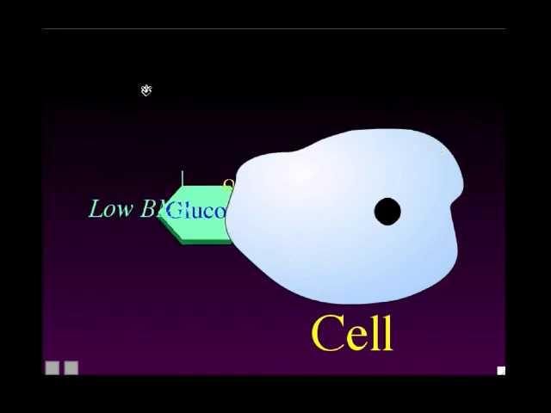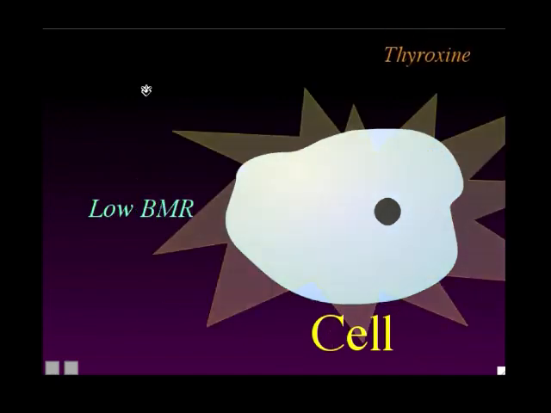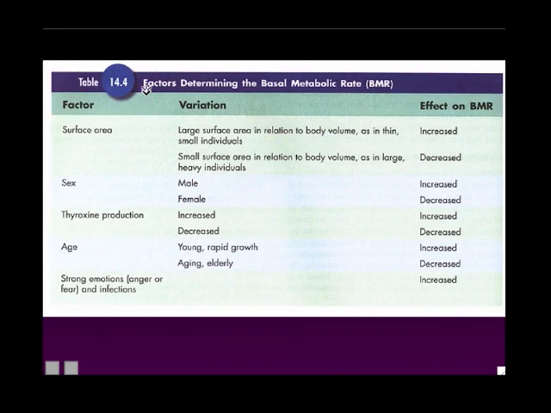There are some other things that also can affect a person's BMR. This is a table I stole from your textbook. One of the things here is age. The younger you are, the higher your BMR generally is. Kids just seem to burn up a lot of calories per hour.